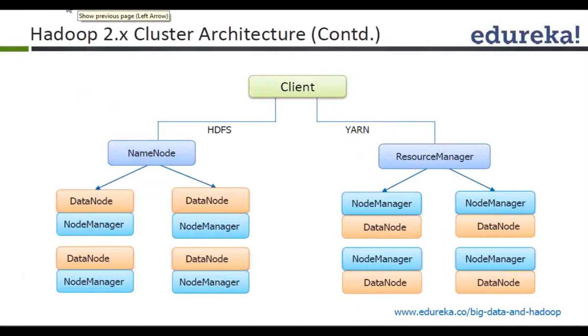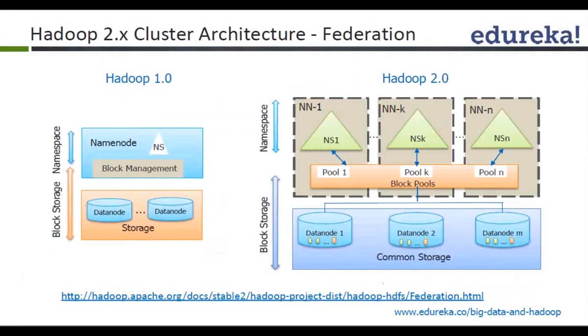This diagram shows you the cluster point of view. If a client wants to do any file system job, like putting a file, he will talk to HDFS, that is the master, and the NameNode will talk to the data nodes. When he wants to do processing, he will talk to Yarn, that is the resource manager, which will talk to the node manager. So this is the architecture.